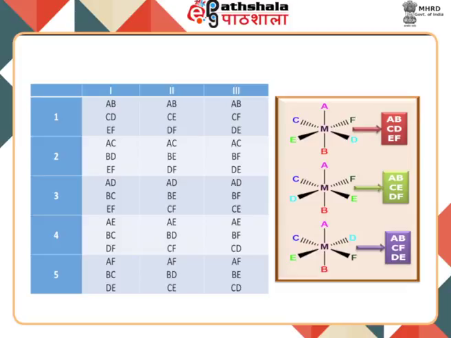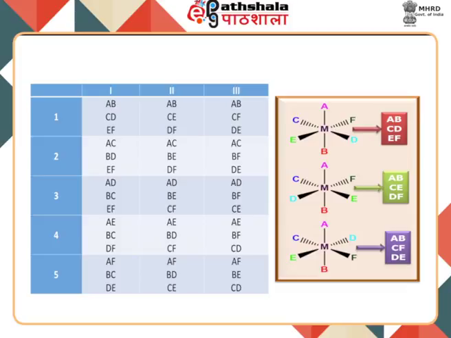Now, to write another isomer, hold one trans pair constant, that means AB, and hold one of the pair constant in the next row, C. Continue changing the second ligand until done: CD, then CE, then CF.